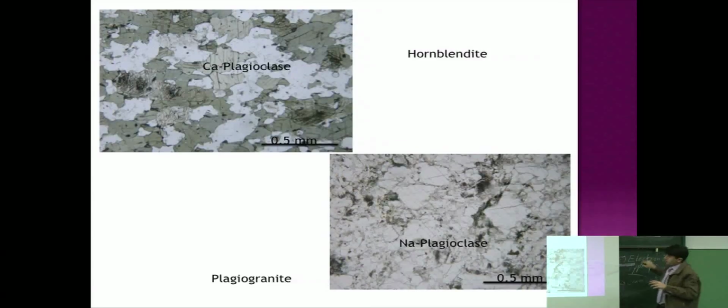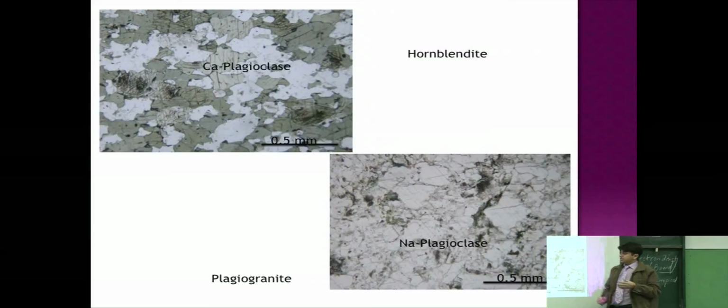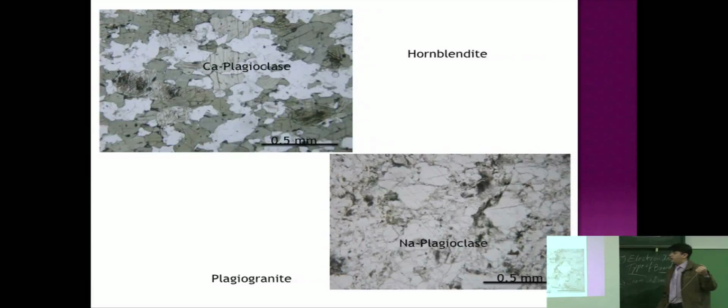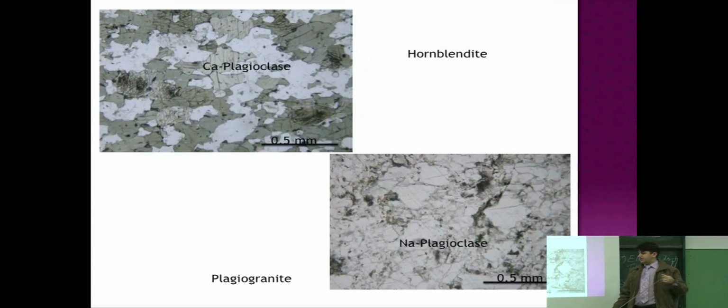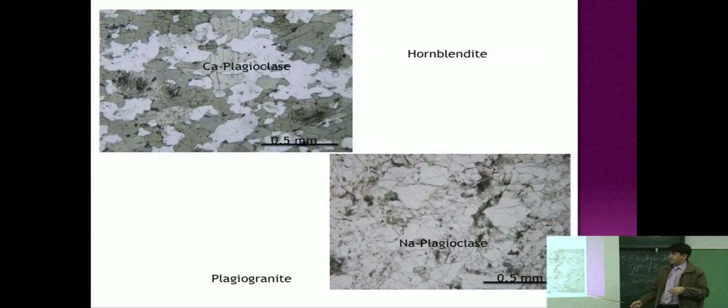So this suggests that the refractive index in hornblendite is more than in plagiogranite, due to the composition of plagioclase.